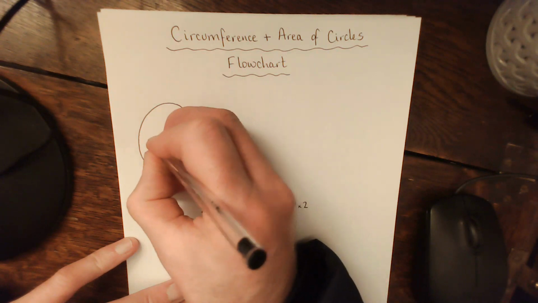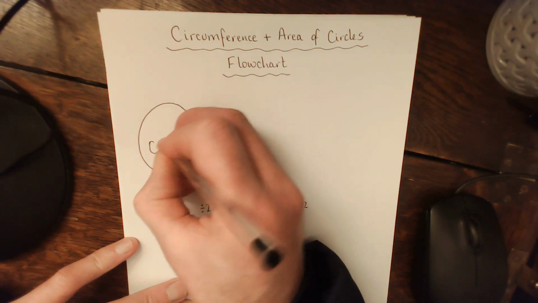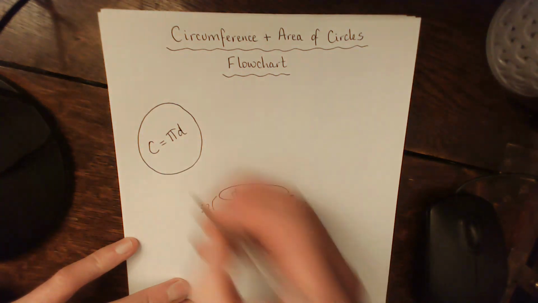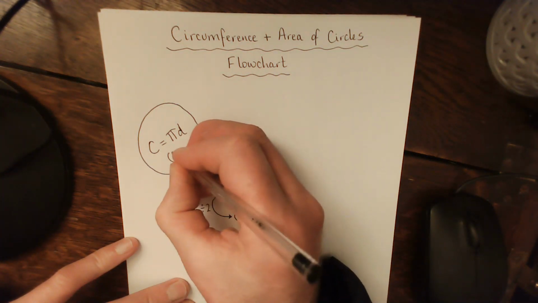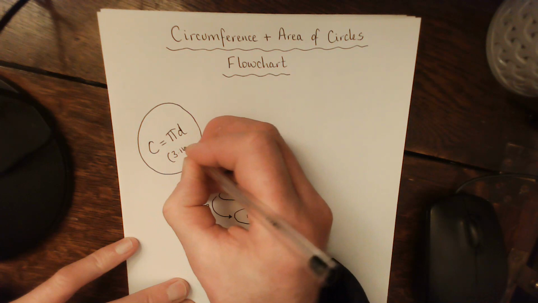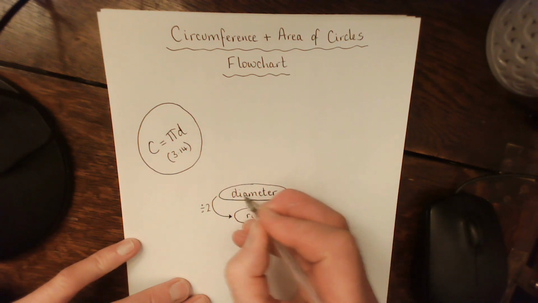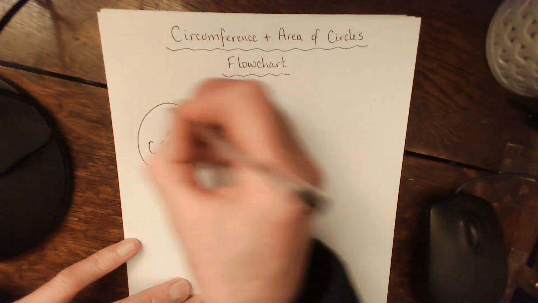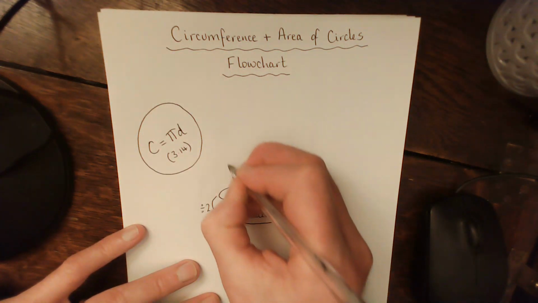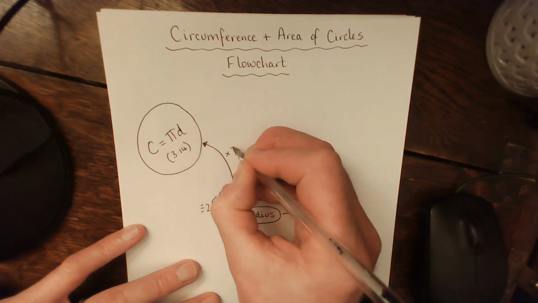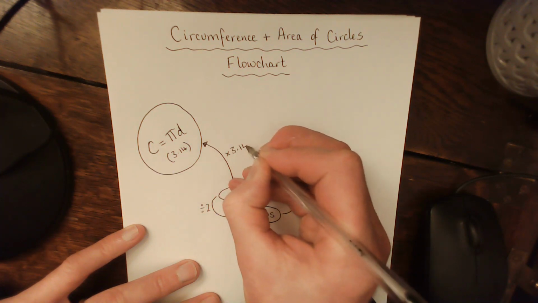Now over on this side, I'm going to draw a beautiful circle. And in here, I'm going to put the formula for the circumference of a circle, which is pi d. And in this instance, I'm going to ask you to use 3.14. How do I get from the diameter to the circumference of a circle? I multiply it by 3.14.